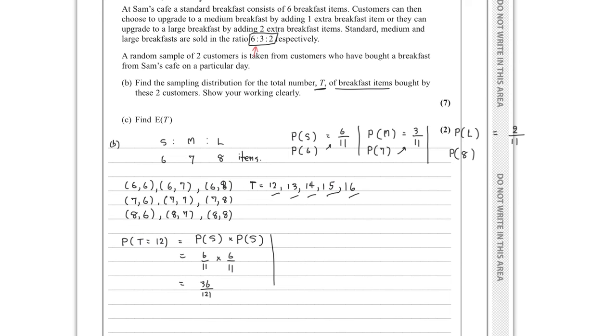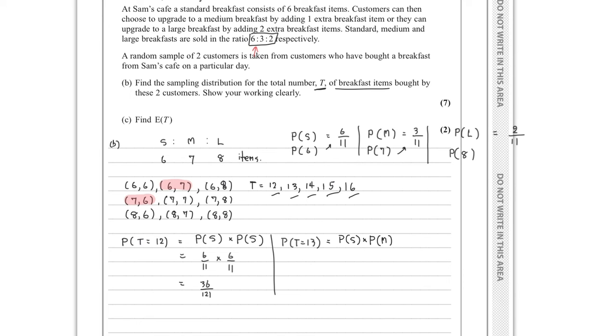Okay, now move on to the probability of T equals 13. For T equals 13, we have two cases, which are 6 and then 7, and 7 and then 6. So we are going to calculate both cases. The first one, 6 and 7. 6 means small. That means the probability of small times the probability of 7. 7 means medium.